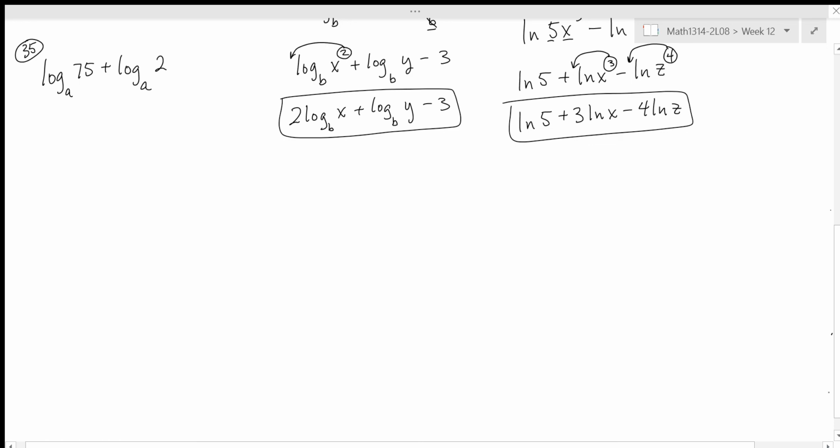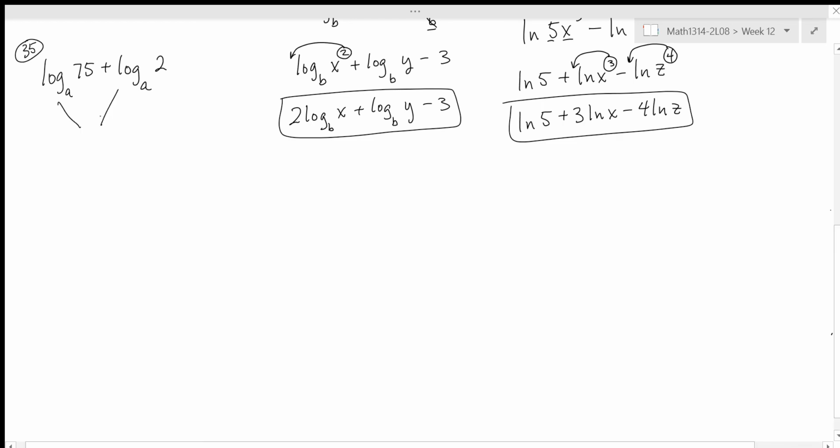And now if you're trying to decide what property to use, you're going to have to look at the sign in between the logs. So this time we have addition. Which property does that go with? Yes, that goes with the product rule, right? So addition is going to turn back into multiplication.